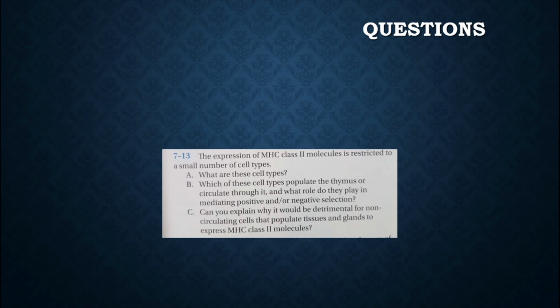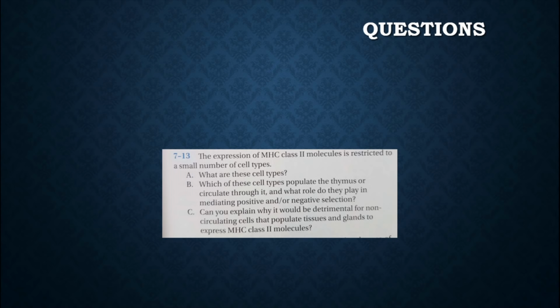Does anyone have any idea about C? Yeah, Carolyn. If you're only using the thymic environment to educate the T cells, then those are going to be the kinds of T cells you have in your body, but you want them to be taking in things from outside.